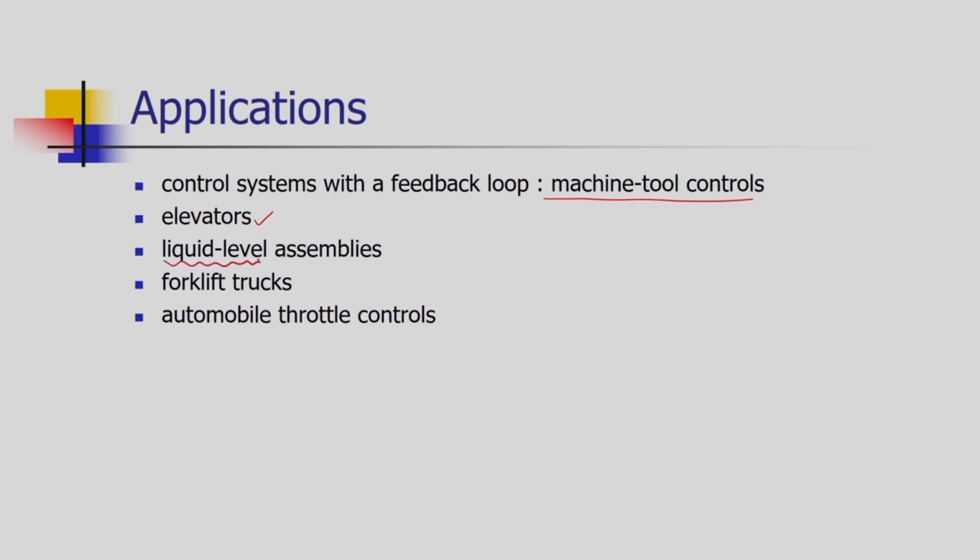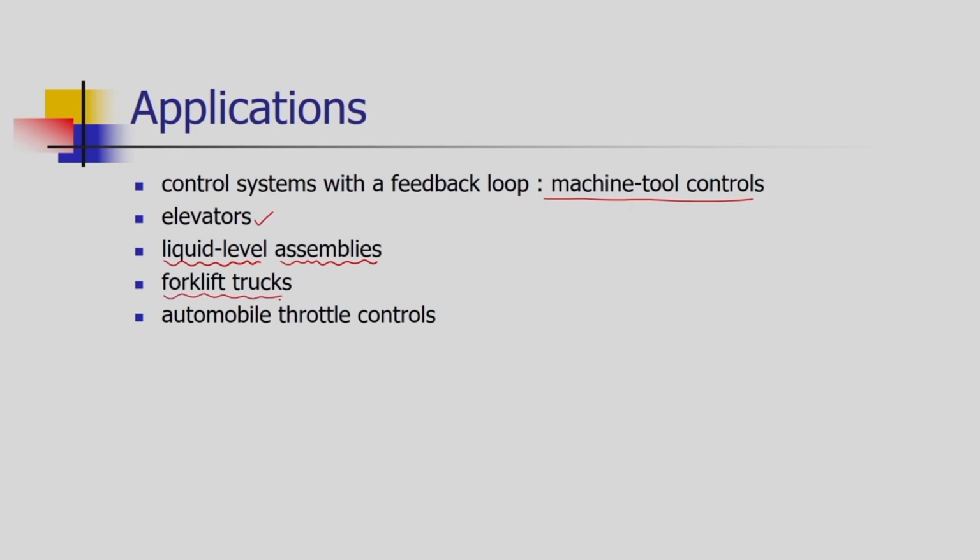Liquid levels in assemblies: these are connected with a mechanical element, and as the liquid level changes, the mechanical elements move. That displacement can be monitored and the liquid level can be controlled.